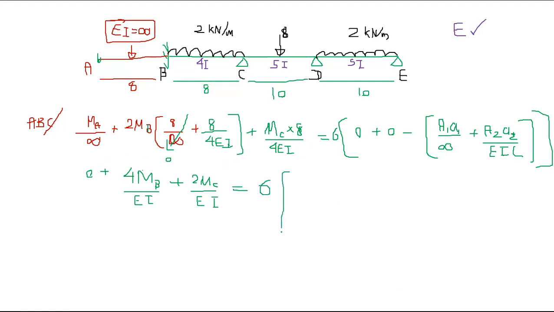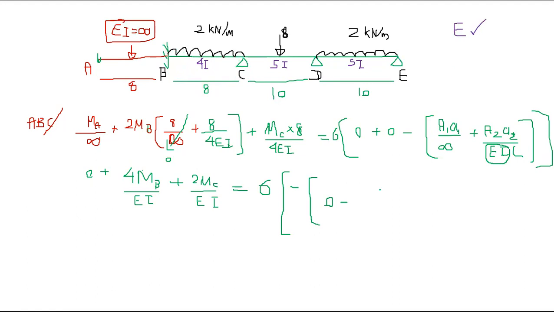So this 0 I didn't write, so this is also 0. Why? For the first span you have the EI term, so this is going to be infinite, and whatever the other values, if you divide something by infinity, that's 0. So the other part, it's sagging. For the sagging, you obtained the value earlier.